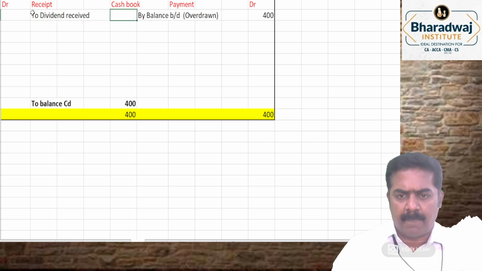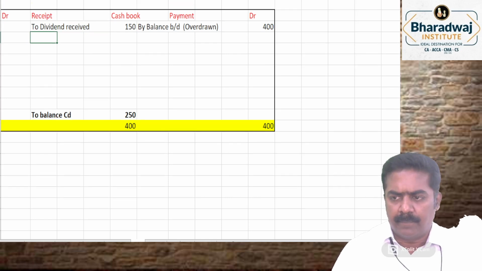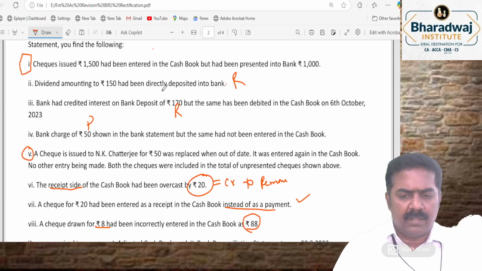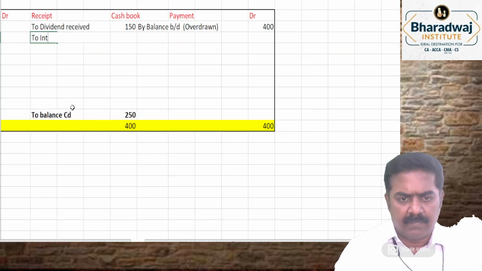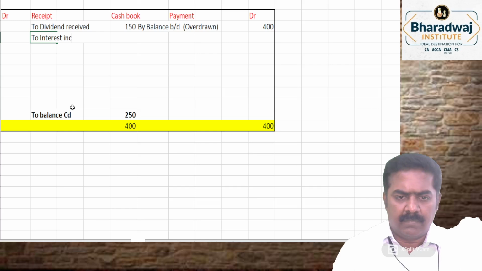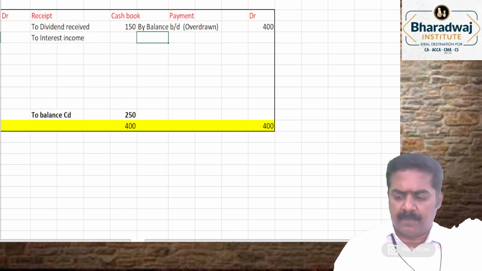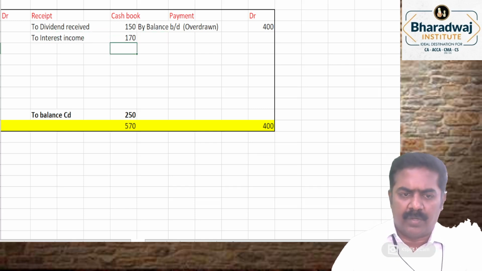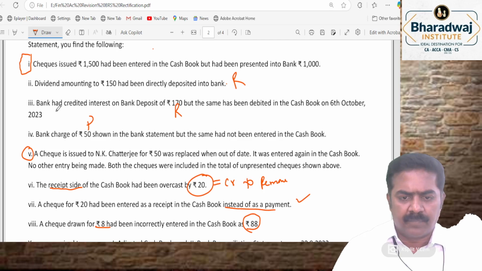How much? 150. Then interest credited in the bank. How much? 170. Then bank charges 50.